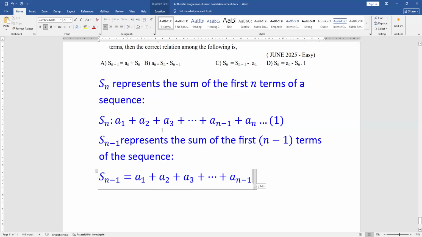Now, what is the difference between these two formulas? You can see here that An is missing. So when it is Sn minus 1, we take only up to n minus 1 terms, we do not take An, okay?